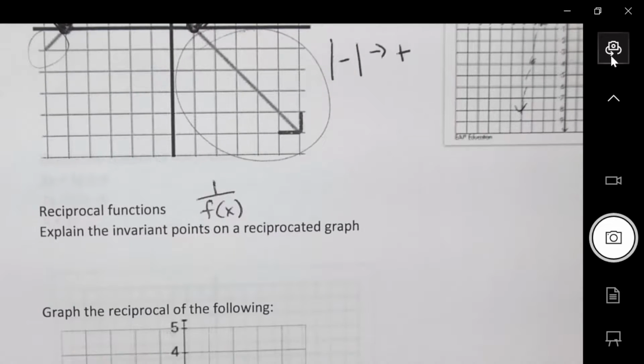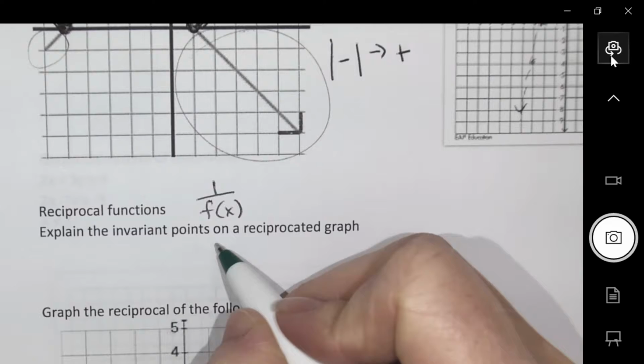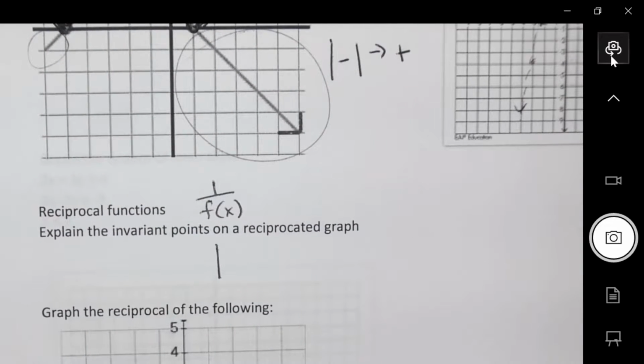What point, or how do you know when the point is going to be invariant and not move when you reciprocate it? So what number in math is the same number once you flip it around? 1.